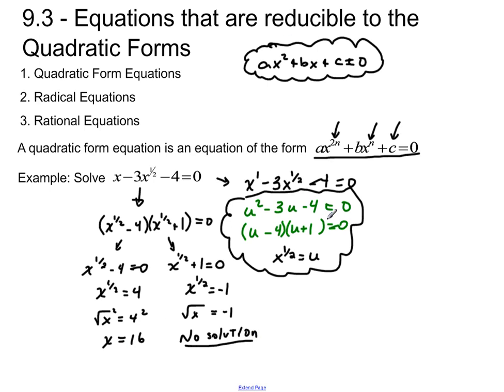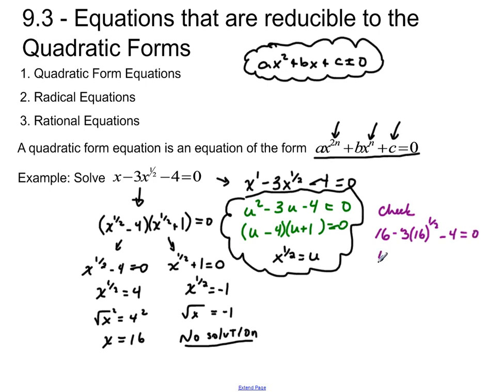Of course, we should check, and if we check by substitution in the original equation, 16 minus 3 times 16 to the 1/2 power minus 4 should equal 0 if we are correct.